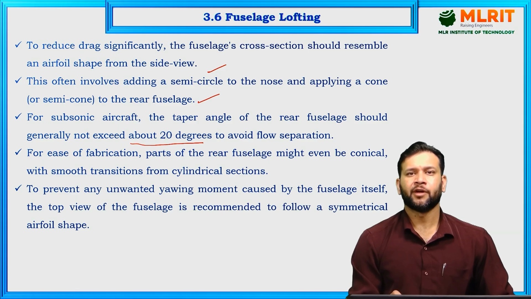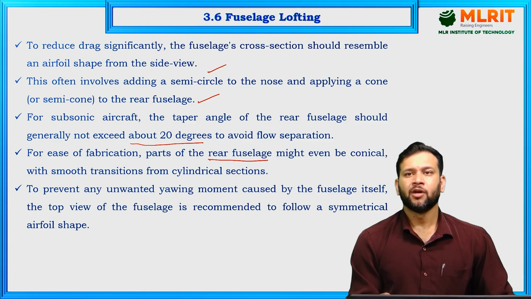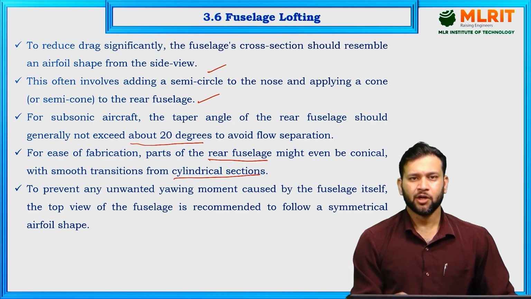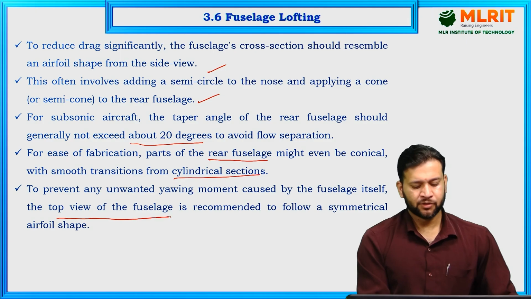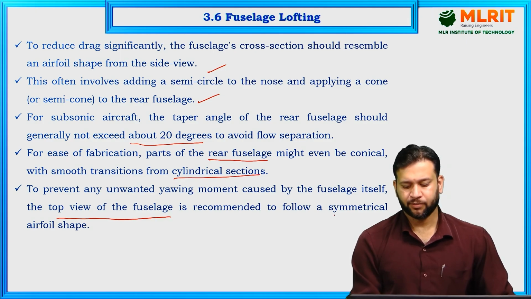For ease of fabrication, parts of the rear fuselage might even be conical with smooth transitions from cylindrical sections. To prevent any unwanted yawing movement caused by the fuselage itself, the top view of the fuselage is recommended to follow a symmetrical airfoil shape.